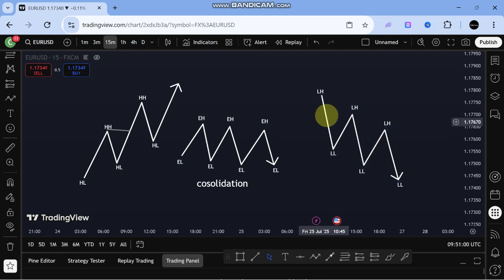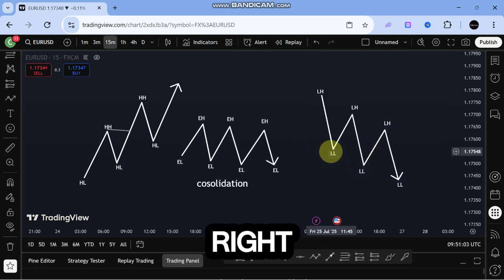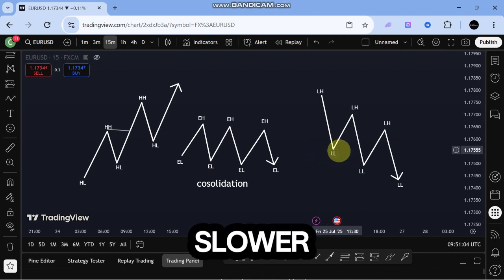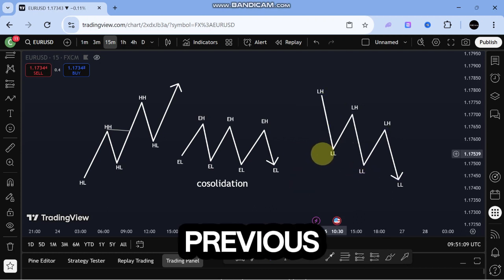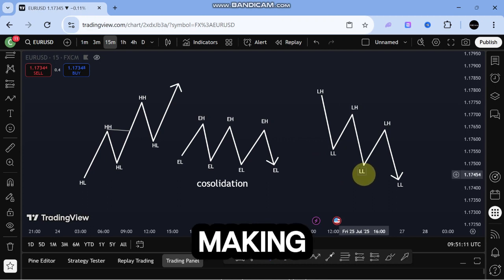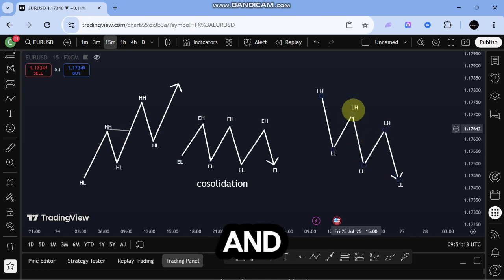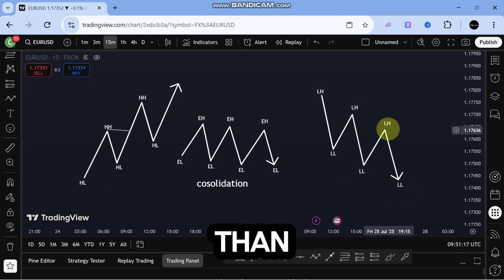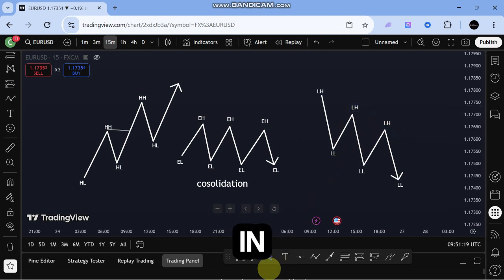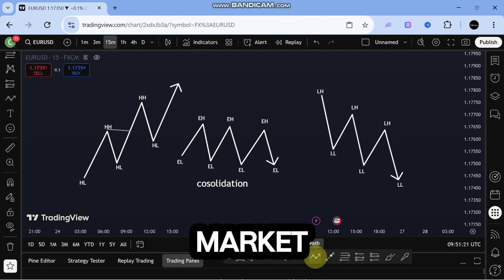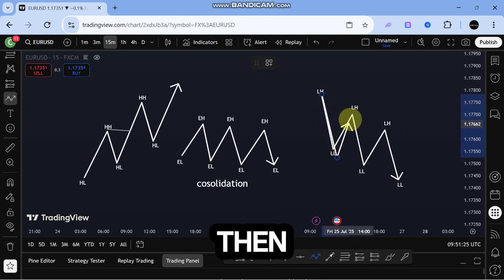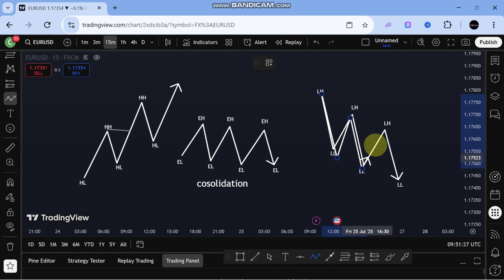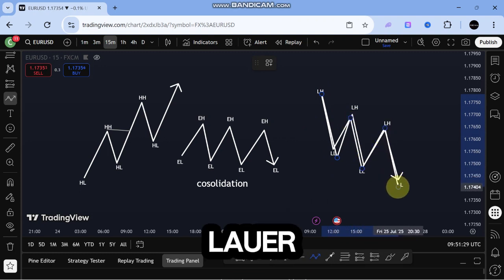This low is lower than the previous low, and this low is lower than the previous one. That's why it's called lower low, because it's making a series of lower lows. And this lower high is called lower high because it's lower than the previous high. So in a bearish market, we see a series of lower low, lower high, lower low, lower high, and lower low.